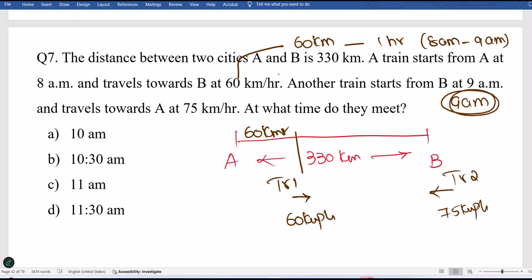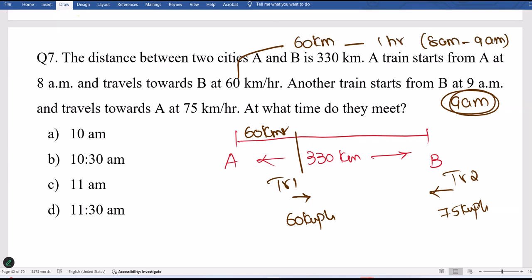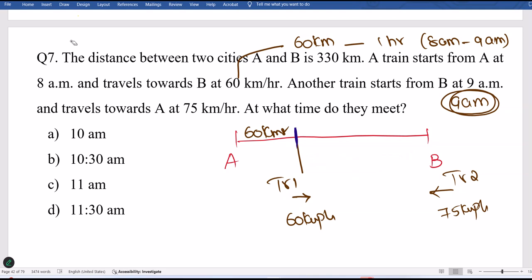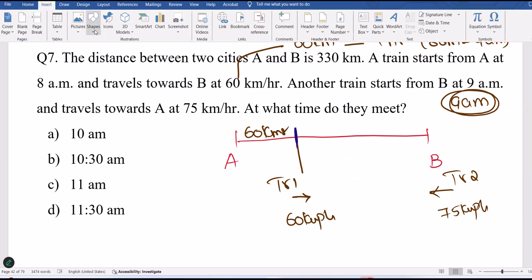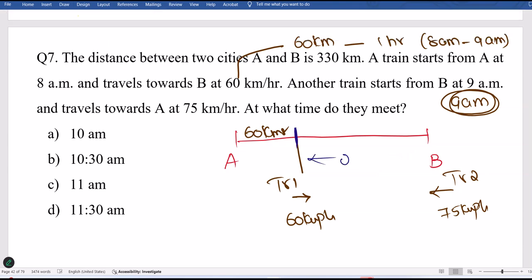See, whenever there are two different times, keep in mind, we have to start at the late time. So now the distance between the two trains is not 330. Overall 330, I agree, but now 60 is gone, so we have only 270 kilometers. Total 330 we agreed, but now the distance is 270 only.